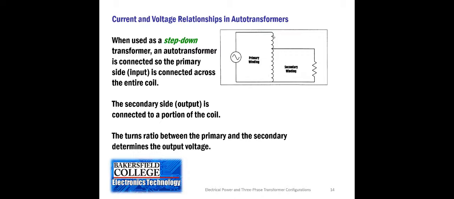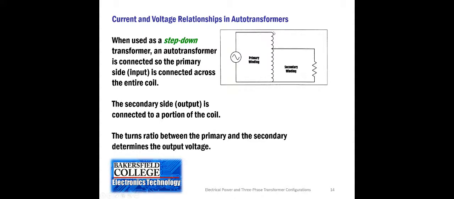But the reason the transformer is able to divide the voltage is not just because of the resistance of the wire, but the magnetic induction that's created by the coil of wire. So the turns ratio between the two will determine what the voltage is coming out of the secondary.